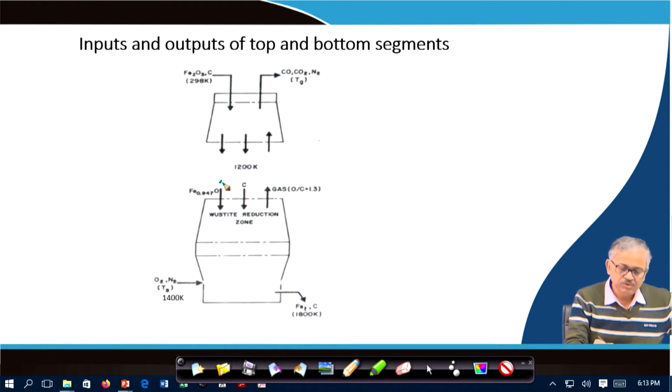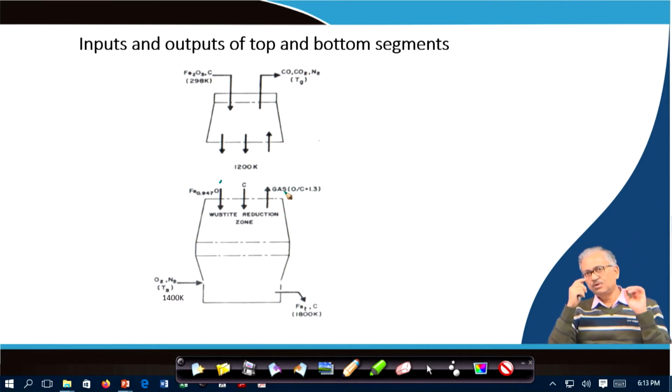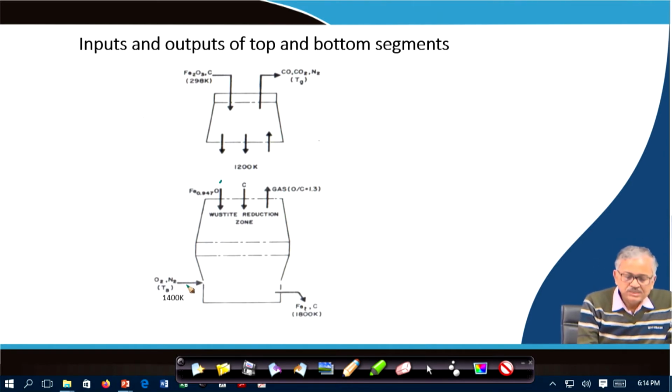So, Wüstite will enter, and then the carbon will also enter at 900 degrees centigrade or 1200 K, and the gas will also exit at 1200 K, and the gas composition is also fixed, O by C is equal to 1.3, because in the upper part of the Wüstite reserve zone FeO-Fe equilibrium is established, where O by C is 1.3, right. So, this is also known to me now, and your air blast is coming through here at 1400 Kelvin, okay, and the liquid iron is leaving at 1800 Kelvin.